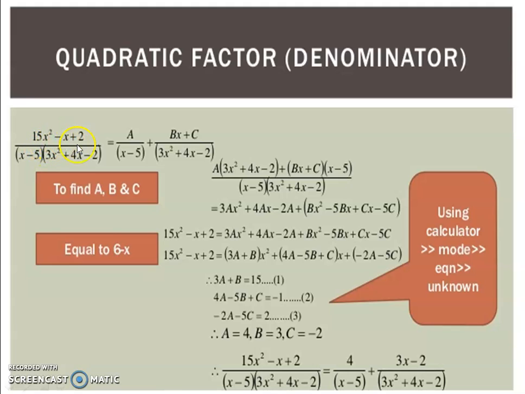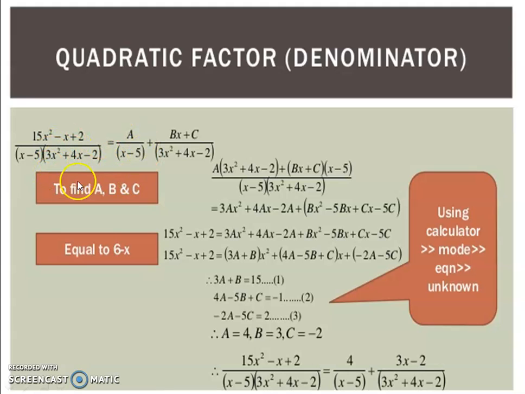Take (15x² - x + 2)/((x - 5)(3x² + 4x - 2)). We have to check whether this quadratic has factors or not. 3 times 2 is 6, so the only option is 3 into 2, but it is not possible because 3 minus 2 gives 1 and 3 plus 2 gives 5.